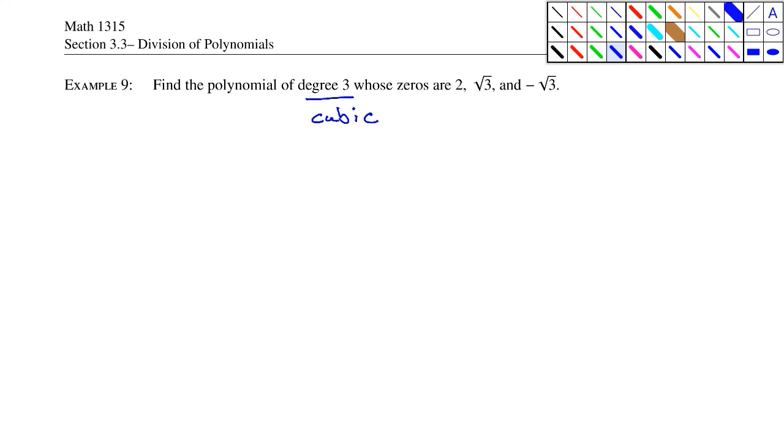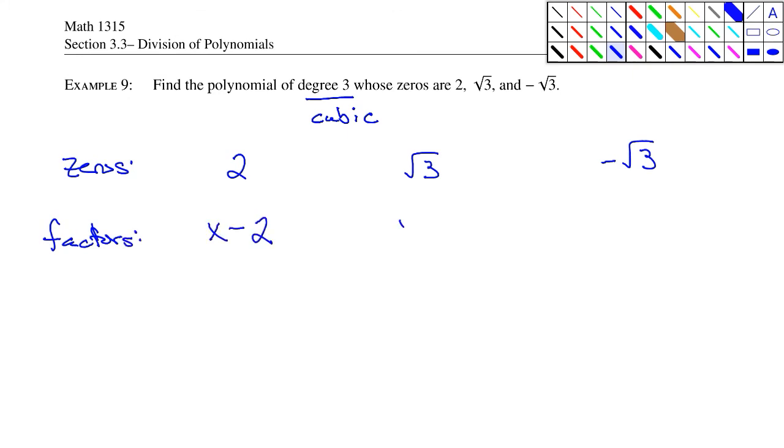And if we know that the zeros are 2, square root of 3, and negative square root of 3, then that means we also know the factors where these zeros came from. That would be x minus 2, x minus root 3, and then it would be x minus the negative square root of 3, which I'm just going to write as x plus the square root of 3.